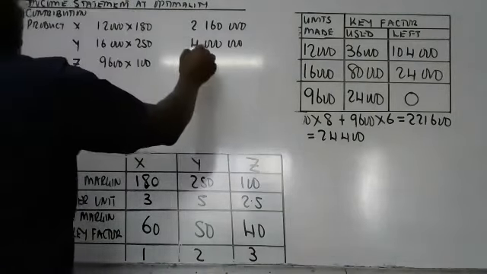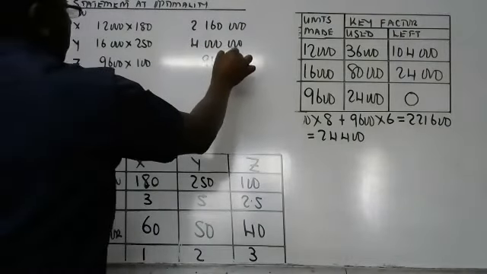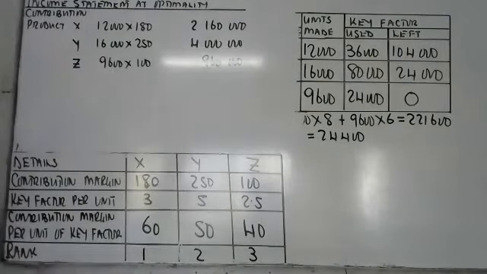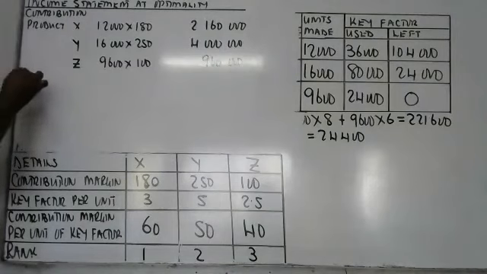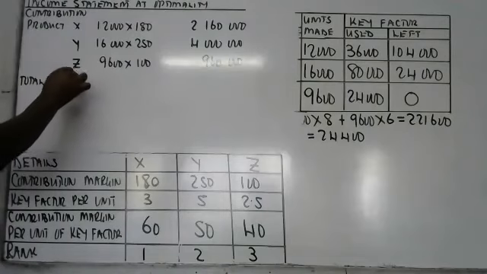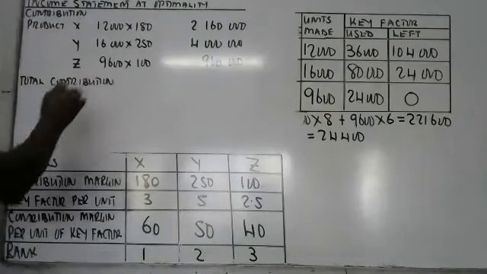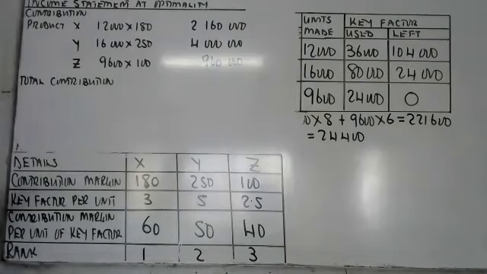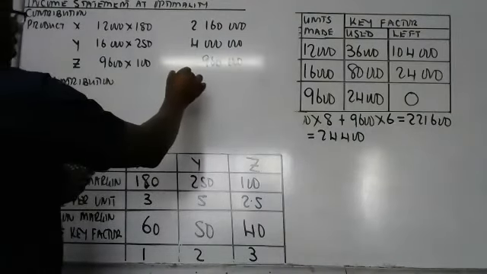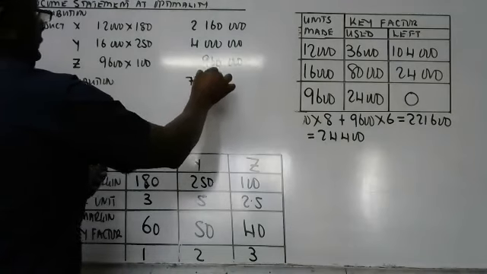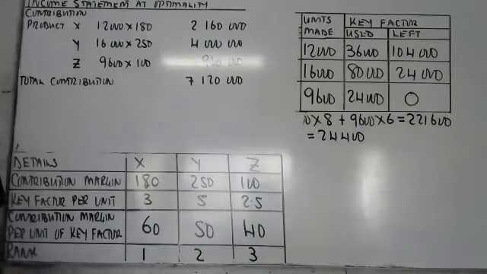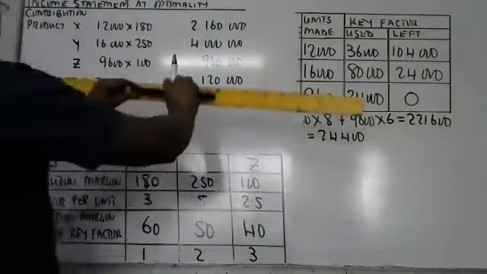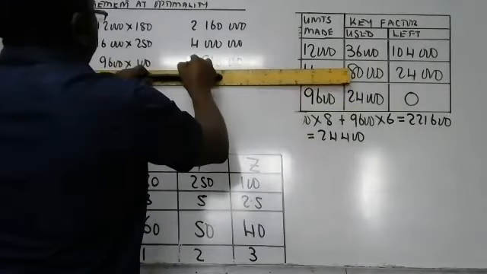So that is 960,000. So with that, we can be able to get total contribution. Total contribution will be 2,160 plus 4,000 plus 960, which is 7,120,000. That is the total contribution.